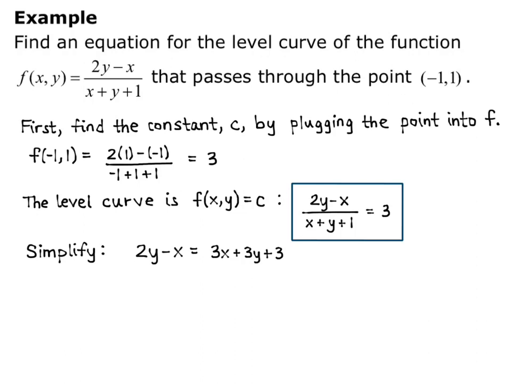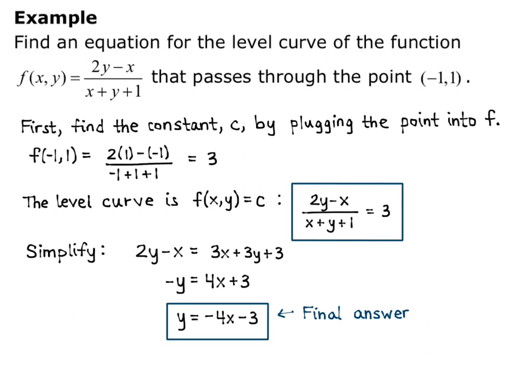I got this by multiplying both sides by the denominator. Now move all y's to the left side and everything else to the right side, and we get negative y equals 4x plus 3. So y equals negative 4x minus 3. And that is my final answer.